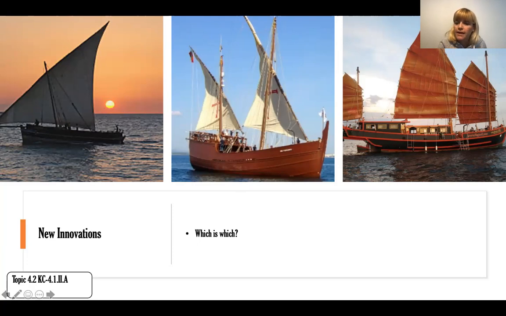And we talked about the junk, the Chinese ship. You'll still see these ships in the Indian Ocean, but in period 2, the caravel's really going to dominate the conversation, because Europeans are suddenly going to come out of the closet and all of a sudden be major explorers, major power players.